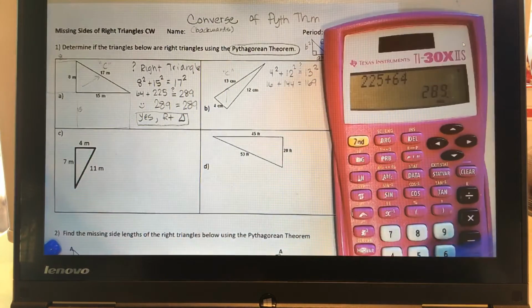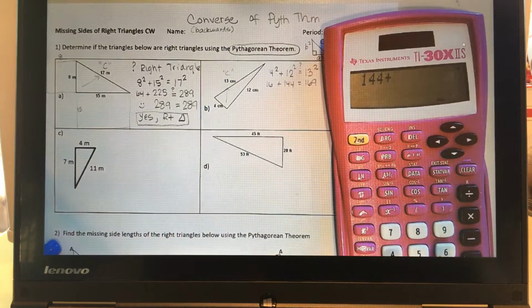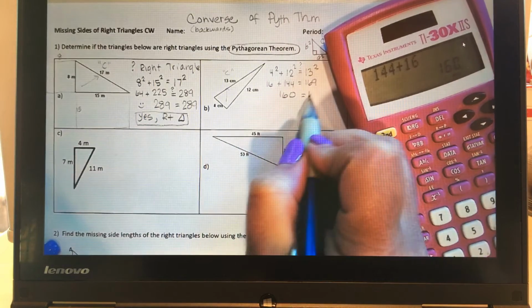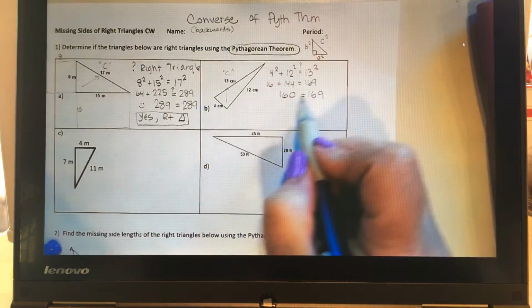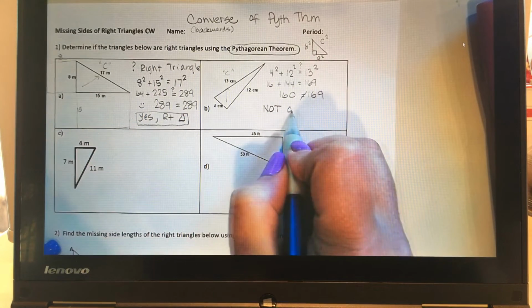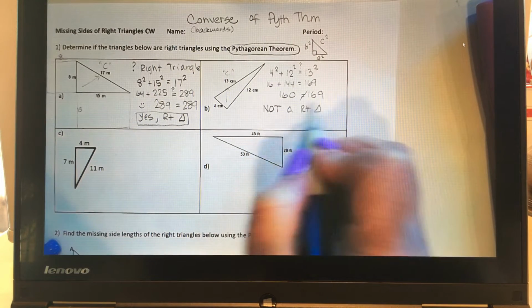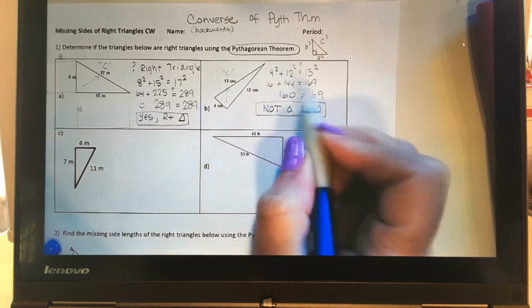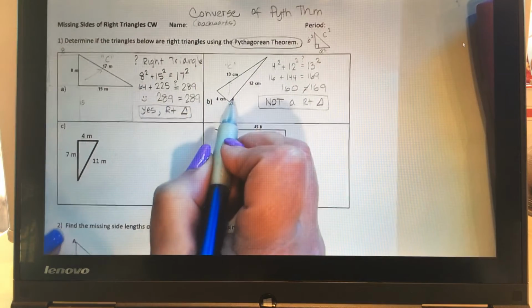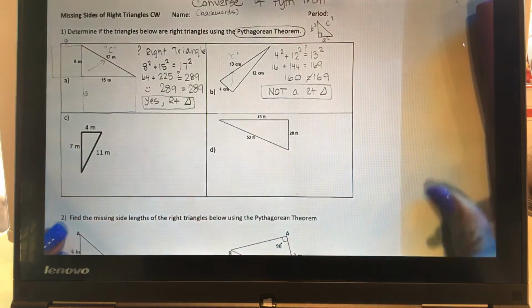Let's see, 144 plus 16 is 160. So what we're going to see here, these are not equal, so we would answer that this is not a right triangle. Okay, so we cannot put any kind of a right angle notation in there. What we've seen is that those sides do not work.